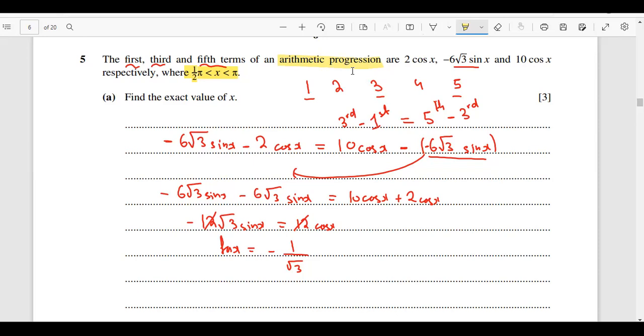I want an answer from all the students. Please try doing it. Haris, you need to find the value of x. The exact value of x.